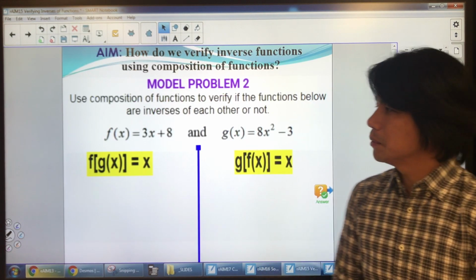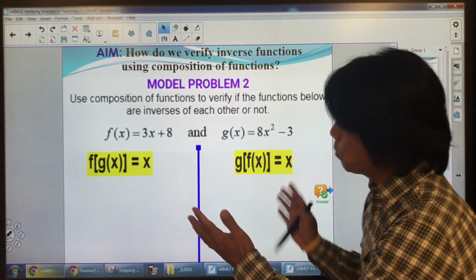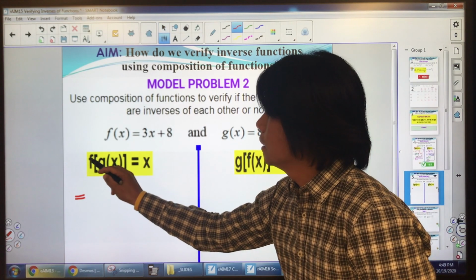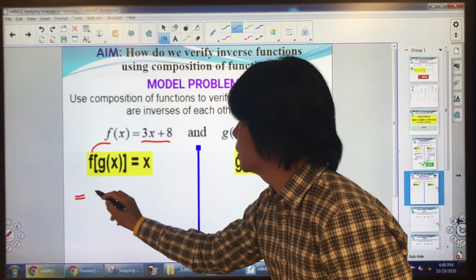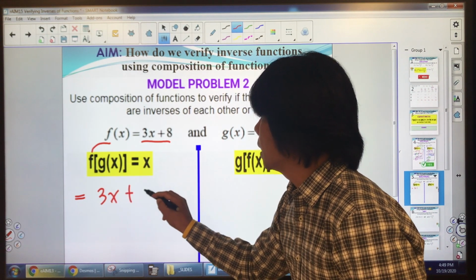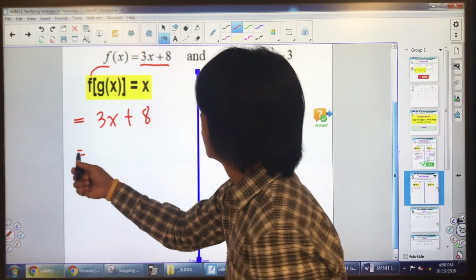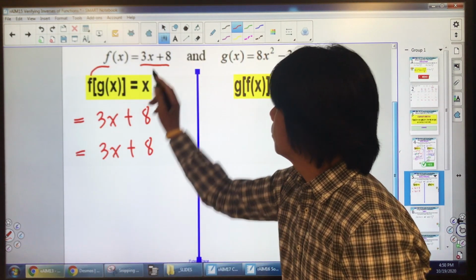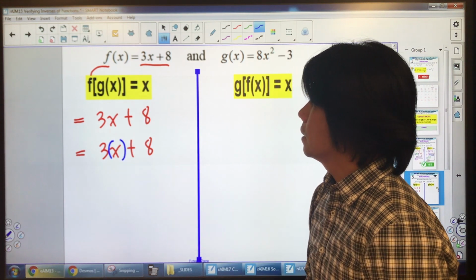Now let's have model problem number 2. Same instruction. So again, it's a two-part work. Again, f is the outside function, so we're going to copy this, 3x plus 8. If you're visual, you can copy that again. And then put parentheses around this x, right?